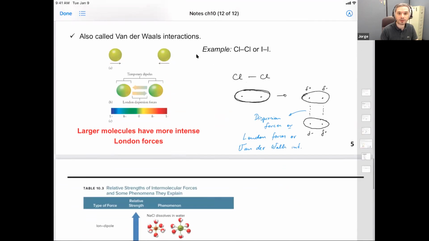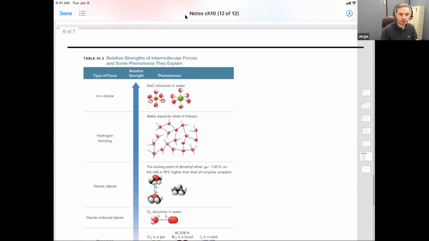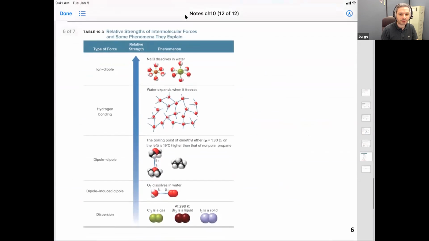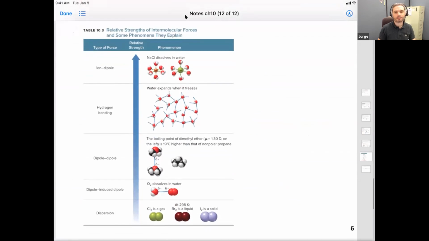All right. Okay, so the next slide shows all the interactions, not all the ones that we talked about, but most of them. So it's missing here the ion-ion interaction, which would be the strongest one.